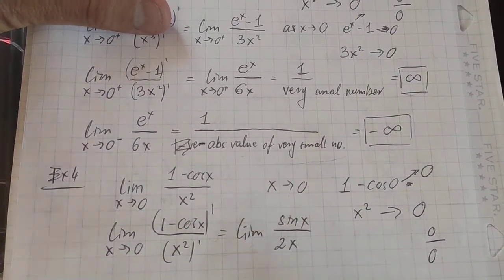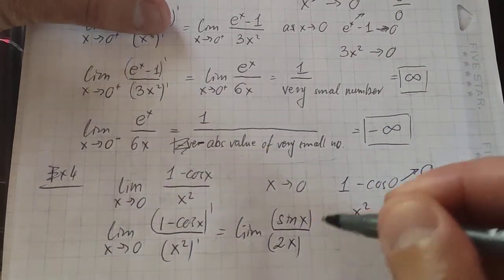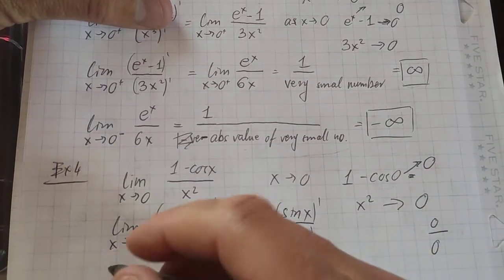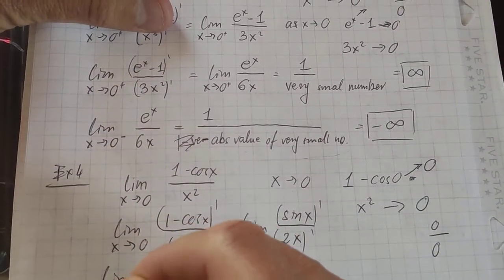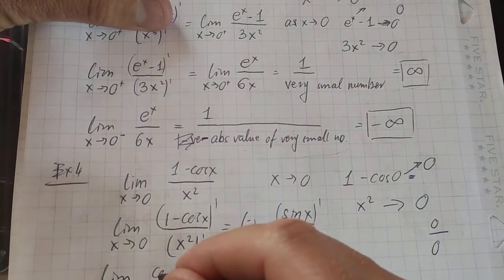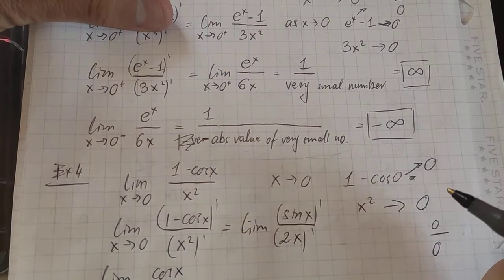So I have the same situation here, so I will apply L'Hopital's rule again. So I have my limit as x goes to 0, and on the top I have cosine x, and on the bottom I have 2.